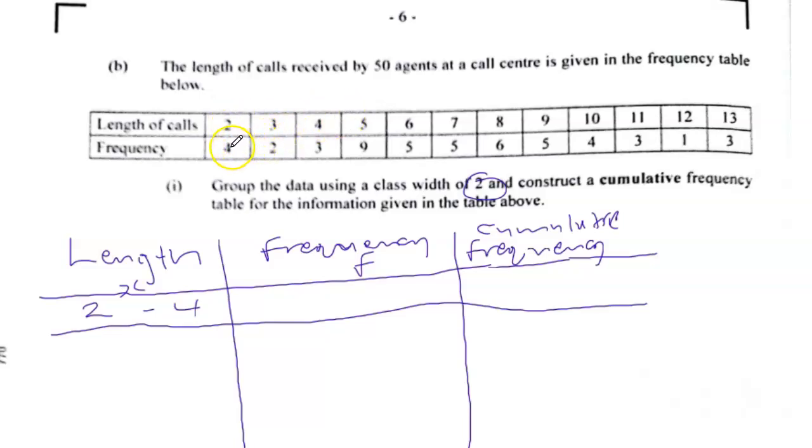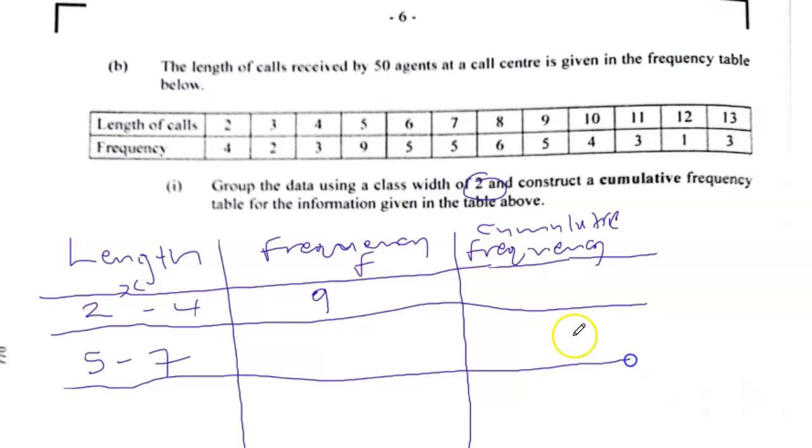So the frequencies combined, 4 and 2, 6, and 3, that's 9. Next, we have 5 to 7 calls. For 5, 6, and 7, the frequencies are 9, 5, and 5. 5 and 5, 10, and 9, that's 19.